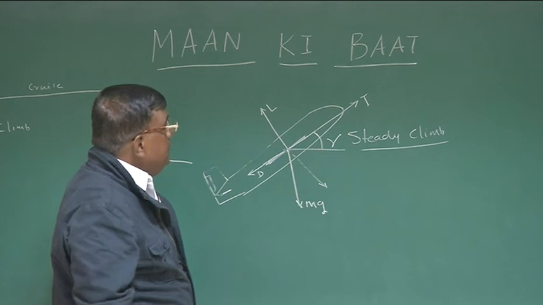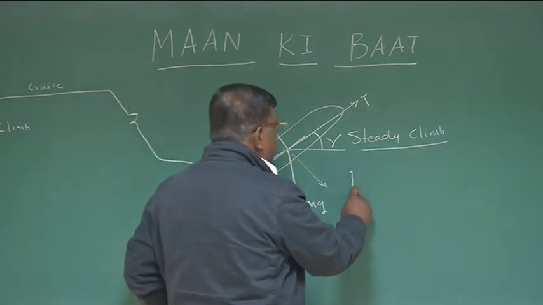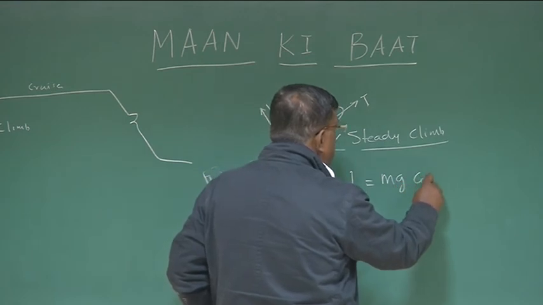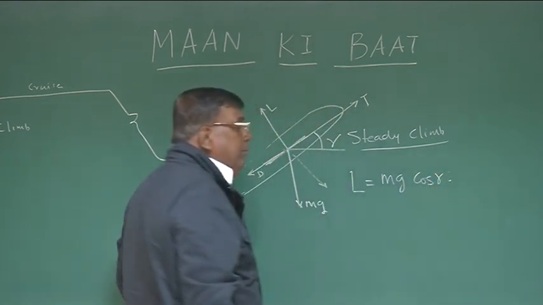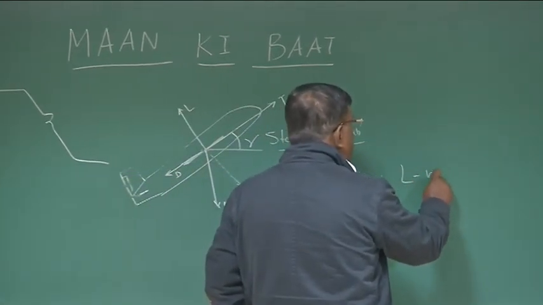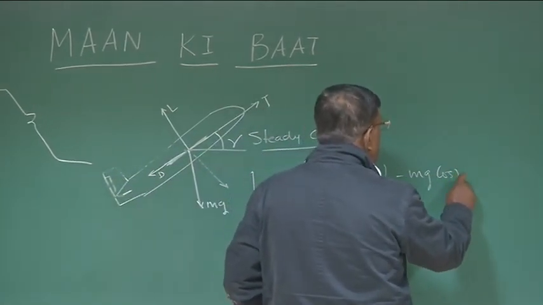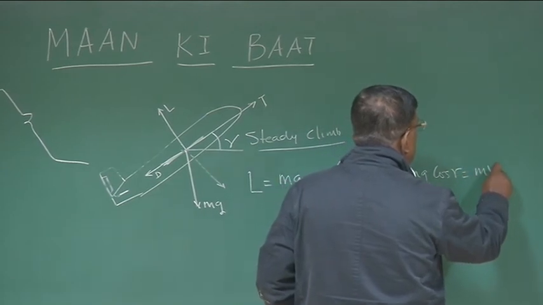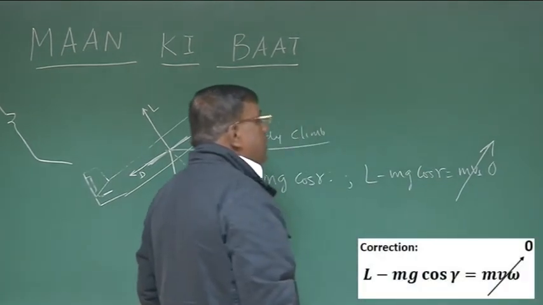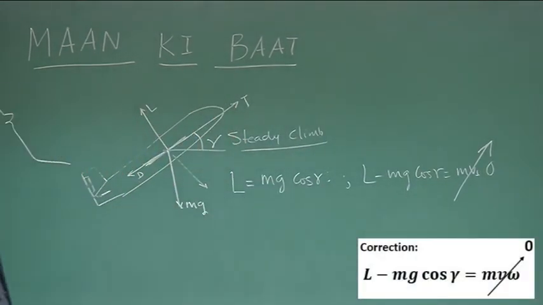Okay, right. So if I do that, then I find L should be equal to mg cos gamma, because of steady climb. Steady climb means L minus mg cos gamma should be equal to m times the acceleration in the perpendicular direction. But we put this as 0 because it is rectilinear, unaccelerated motion.